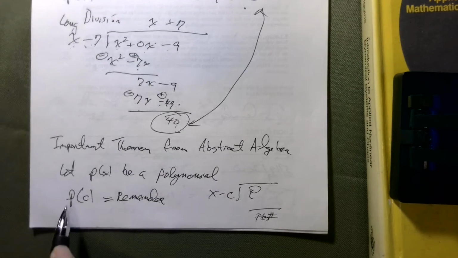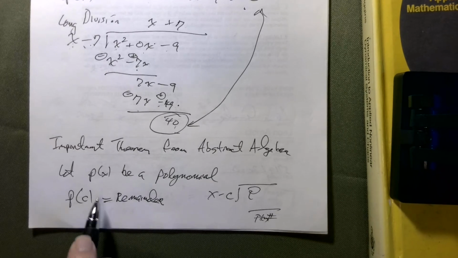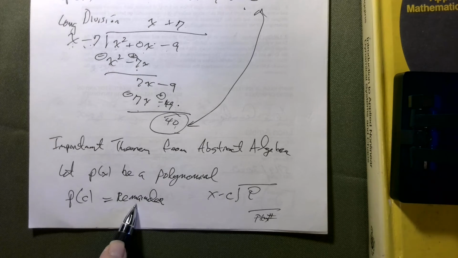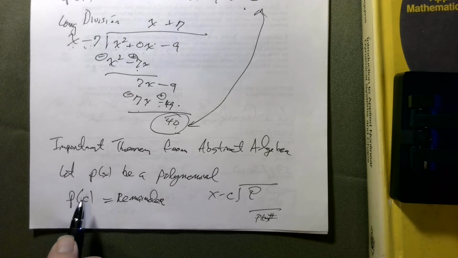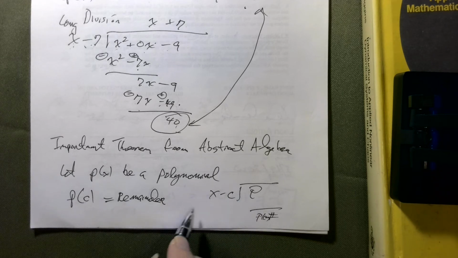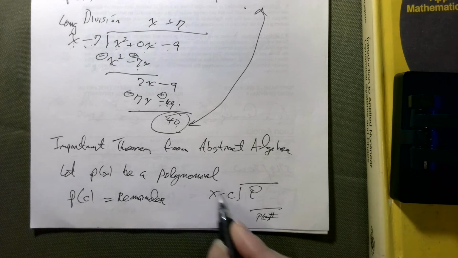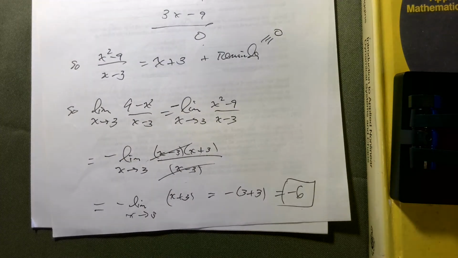So when I put in the constant, I get a number out, and that number is really the remainder. If I take x minus this number and divide it into my polynomial, I get the remainder. This is going to be important because if the remainder is 0, it means this factors into that. And that's what we're eventually trying to do. So let's take a look at this.